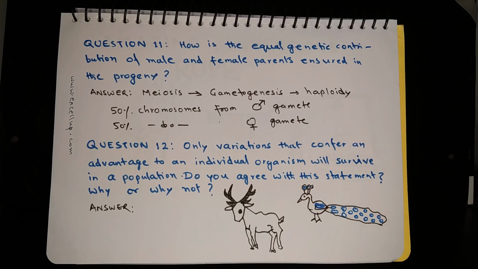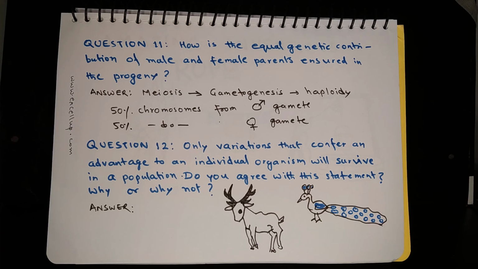Question 12. Only variations that confer an advantage to an individual organism will survive in a population. Do you agree with this statement? Why or why not? The answer is no, because many examples can be seen in nature where a particular variation is not beneficial at all for the organism.